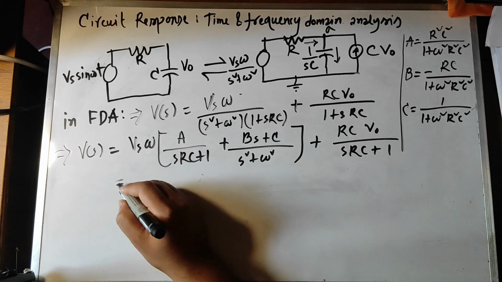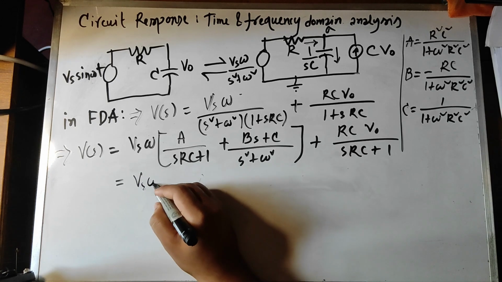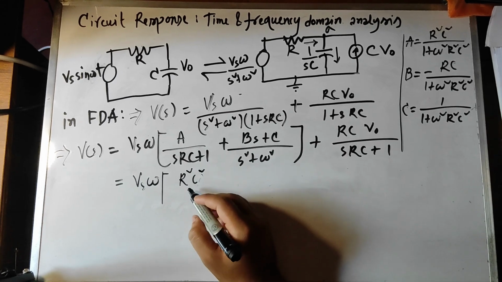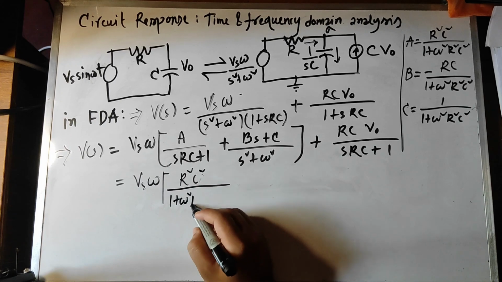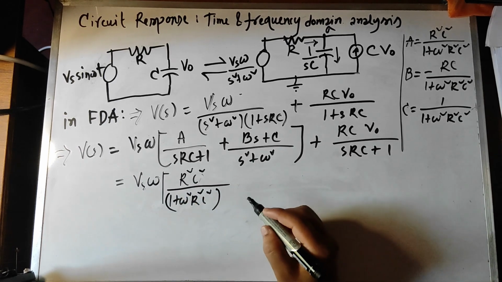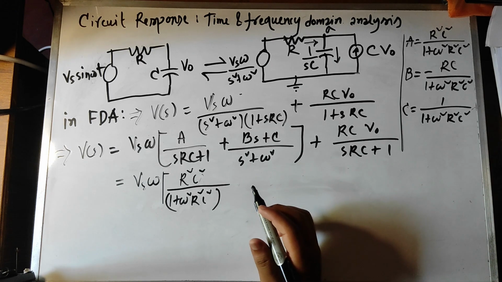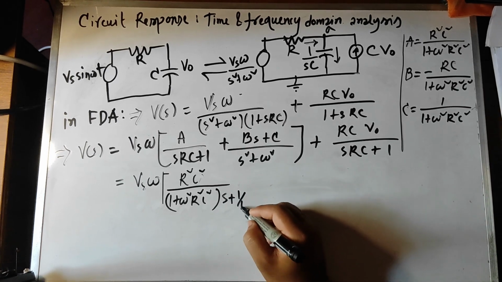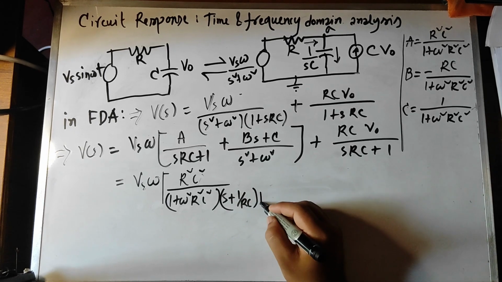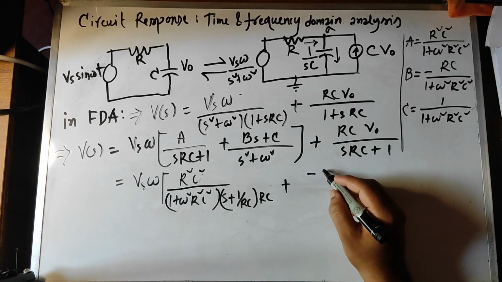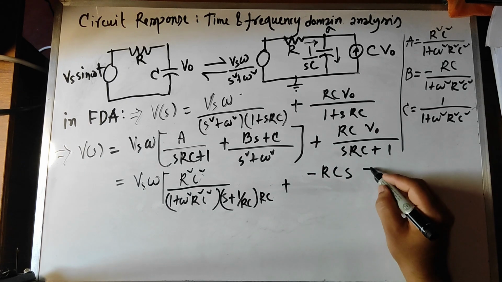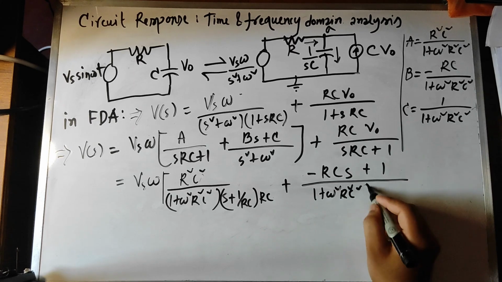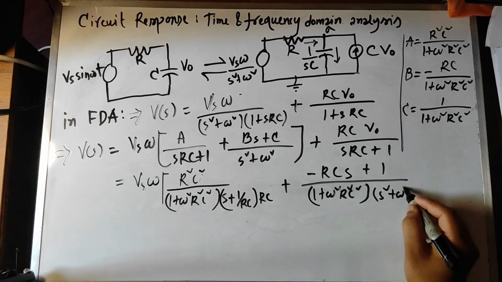Now let's plug this value and see what happens. So what we are gonna do is v is omega r square c square by 1 plus omega squared r square c square, plus 1 by 1 plus omega squared r square c square, s square plus omega square.